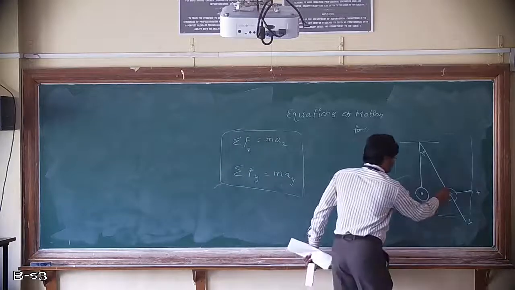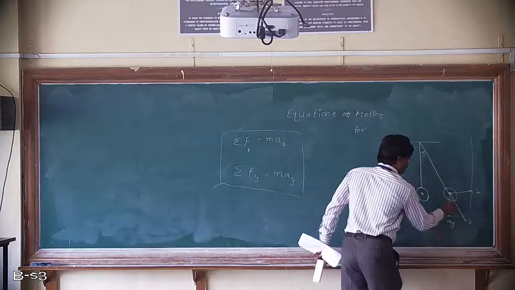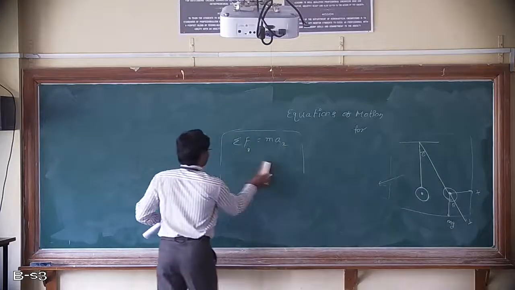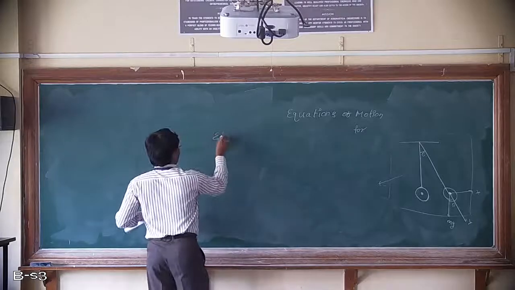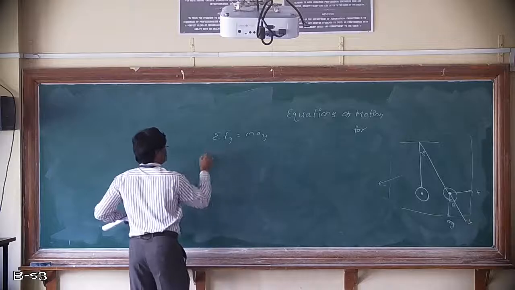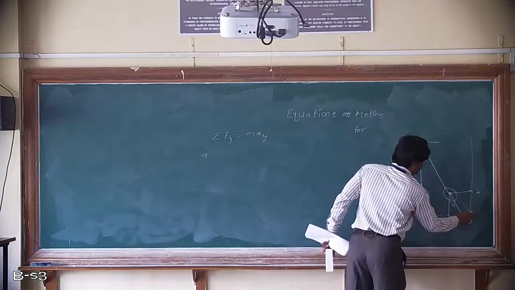So this is mg, and this is theta. Sigma Fy equals m into ay. What are the external forces acting in the y direction? This is mg cos theta.